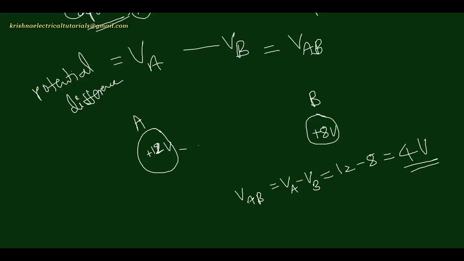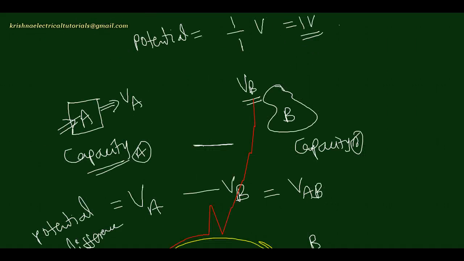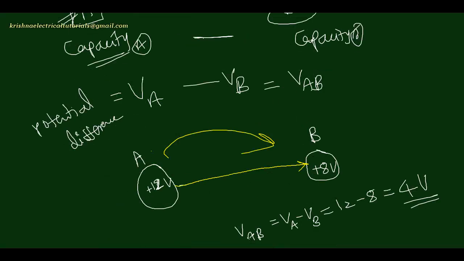But observe clearly, if you connect these two bodies with any conducting material, the electrons will flow, or the charge will flow, from higher potential to lower potential. So current will flow from where to where?